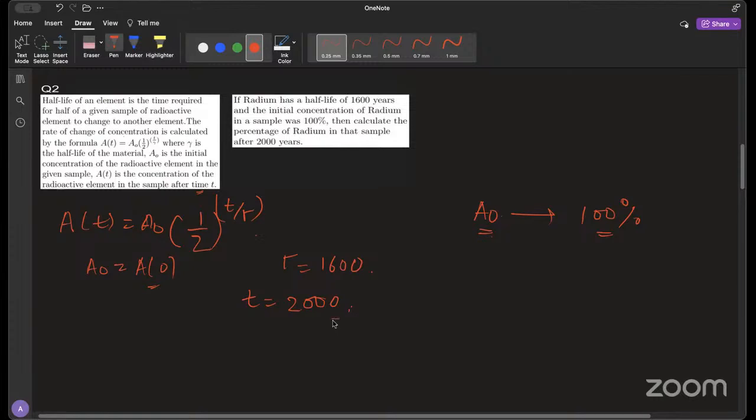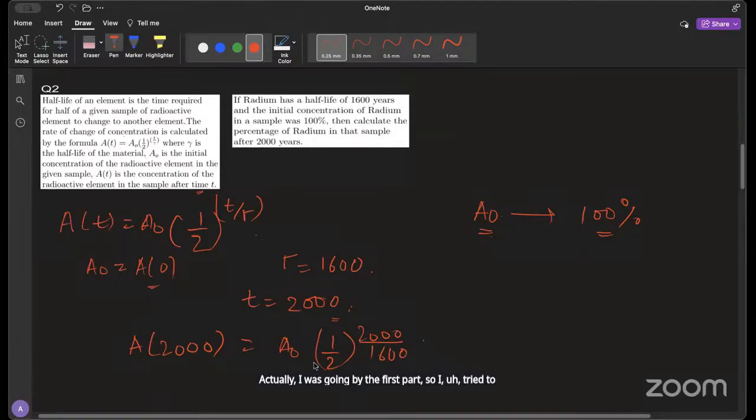So we'll just have to plug in these values in the equation. We'll plug in 2000 here. We'll get A naught half to the power 2000 by 1600. Actually, I was going by the first part, so I tried to integrate it, and then it became complex. Yeah, that's all right.